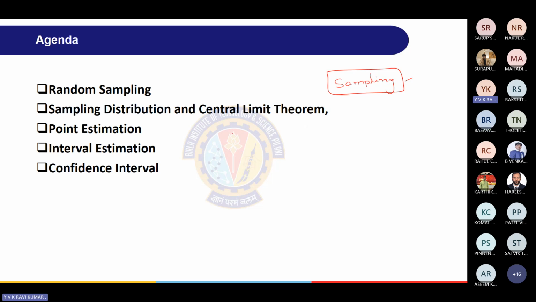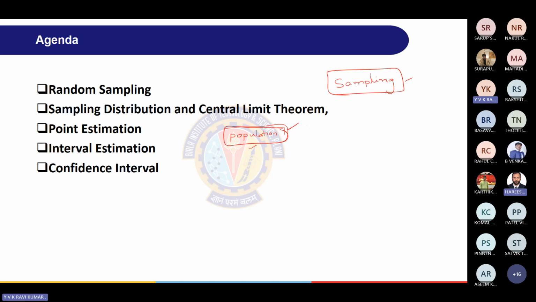So here we'll use some terms. The total objects under consideration is called a population. Sometimes it is not required, sometimes not possible to look into all the objects to understand it.